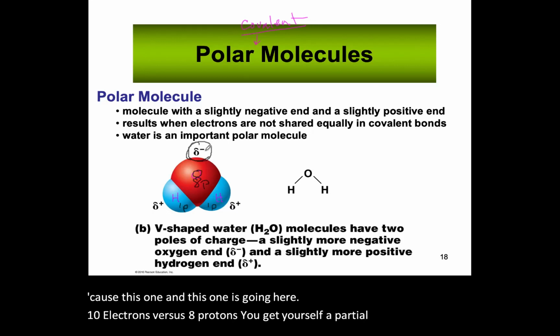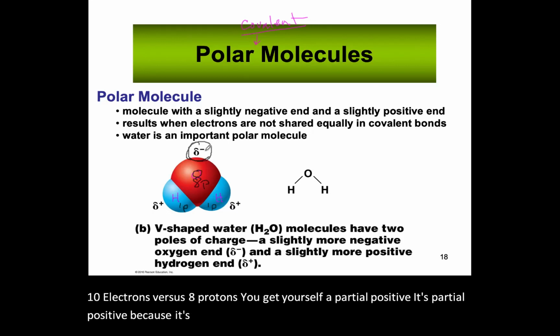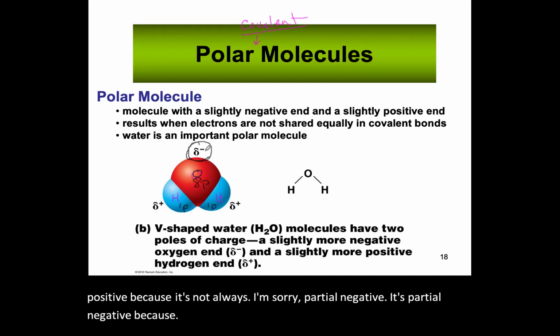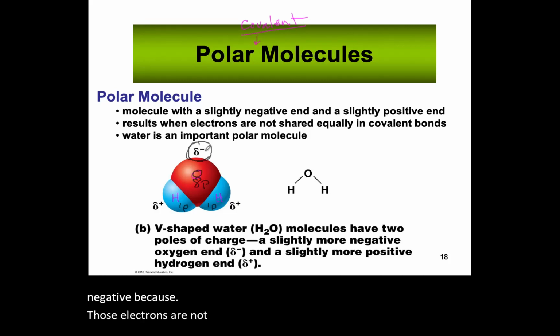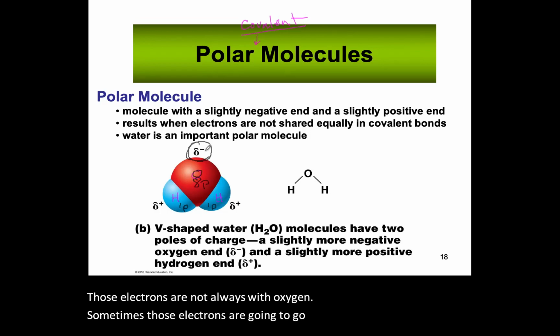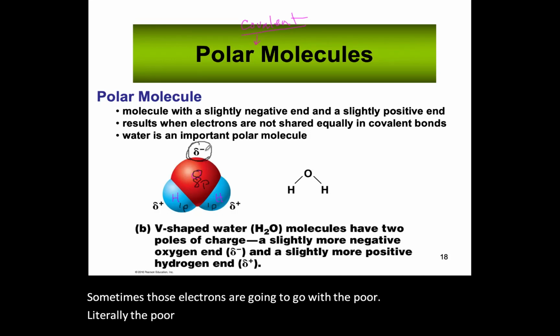It's partial negative because those electrons are not always with oxygen. Sometimes those electrons are going to go with the poor, literally the poor hydrogen with its 1 proton.